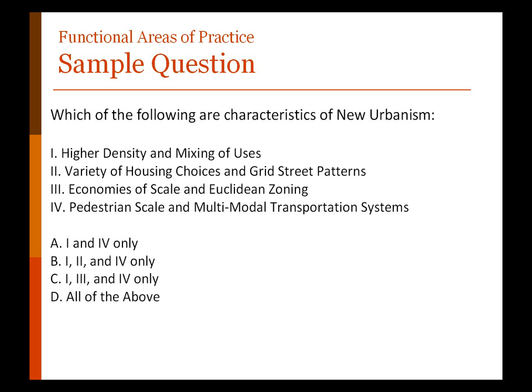So this is a format of question you'll see on the exam probably a number of times. In my experience, they've enjoyed this type of question because it enables you to pull in different elements of different concepts. So we have here higher density, the mixing of uses, variety of housing choices and grid street patterns, economies of scale, Euclidean zoning, pedestrian scale, and multimodal transportation systems.